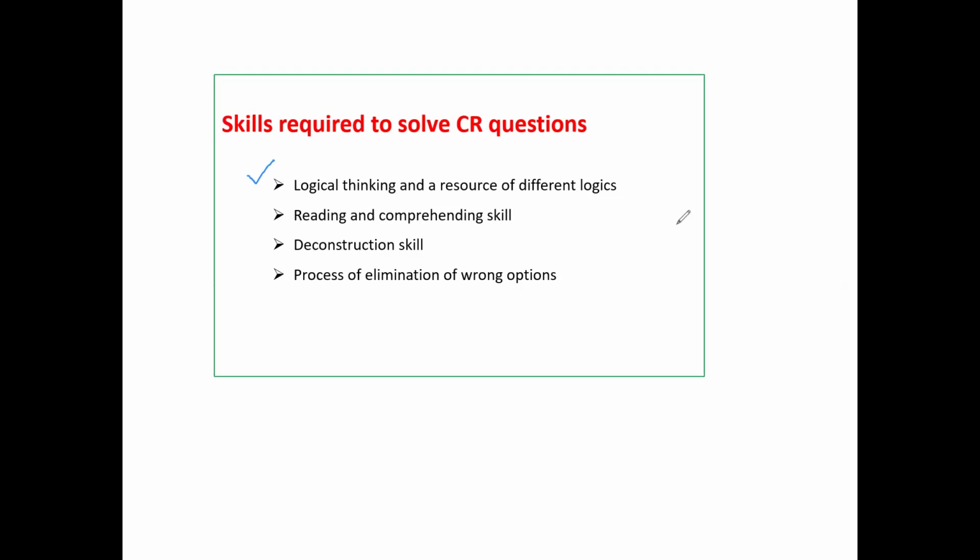How can you gain that skill? By solving more and more CR questions. There should be a correlation between the number of questions you solve and the logics you gain. For example, by solving 2 questions today, you got one logic: the sample should be representative in any kind of research.